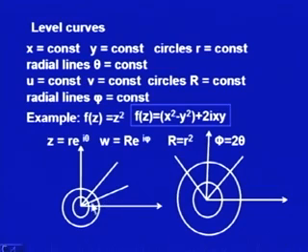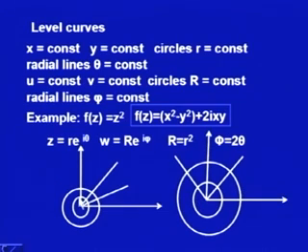This line will map to this line. Now, when we come to this circle, its radius is r, but in its image the radius will be r square. So, this radius is different than this. If r is not equal to 1, then this will be the image of the interior circle, and then this circle will map to this circle.